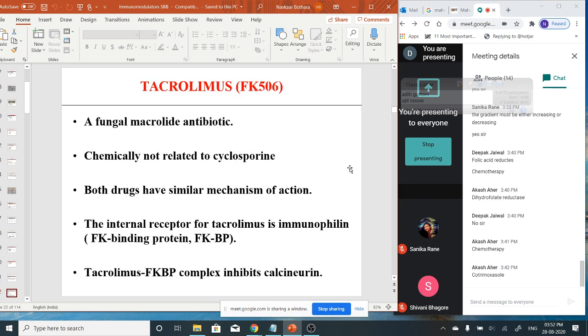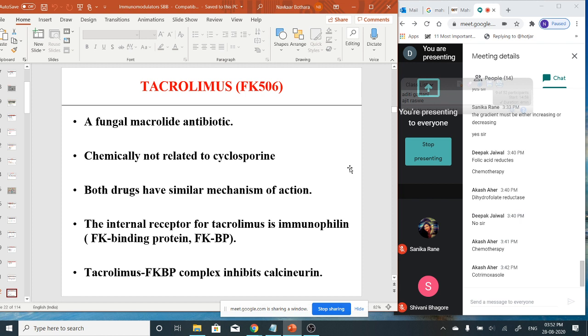Then the next drug is tacrolimus, which was basically named as a research compound FK506. So it is a fungal macrolide antibiotic, chemically not related to cyclosporin, but they have a similar mechanism of action. The internal receptor for tacrolimus is also an immunophilin, but here it is called FK binding protein or FKBP.